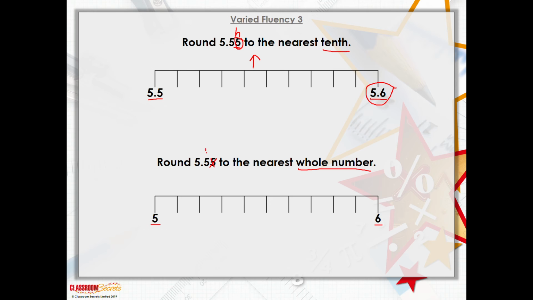I'm rounding to the nearest whole number, so I look in the tenths column. And I have the digit 5, which tells me to round up. So 5.55 to the nearest whole number would be 6. And those little arrows just show you where they would be on the number line.